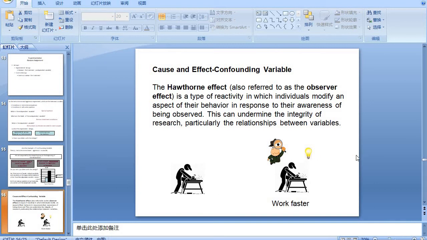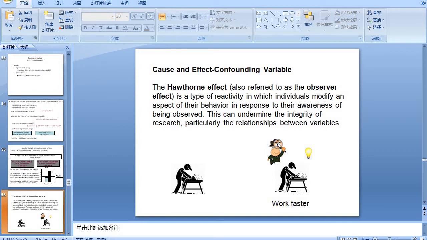They installed brighter lights, and then they observed how fast the workers worked. Actually, the research worked. With more lighting, the workers worked faster. They got more work done. So the psychologists drew the conclusion that it is the lighting that increases speed of work and productivity.